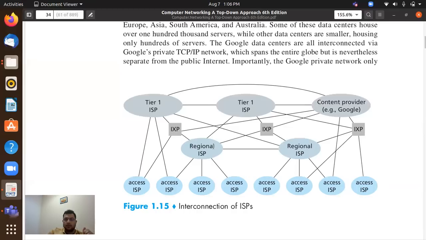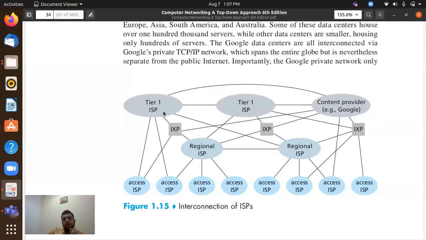Because if you consider this regional internet service provider, it has several choices as tier 1 service providers. So it can choose anyone based on its national policy as well as its business and economic policies. Based on that, it will engage with it.